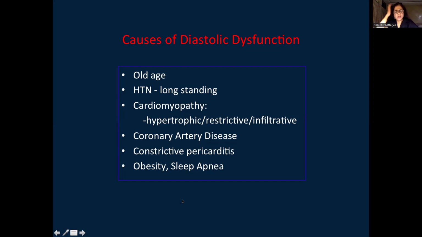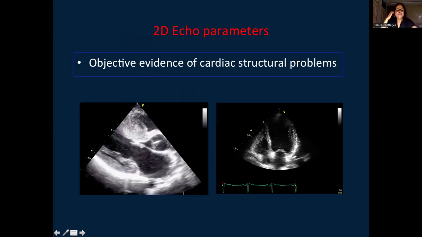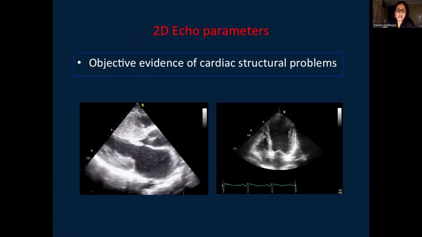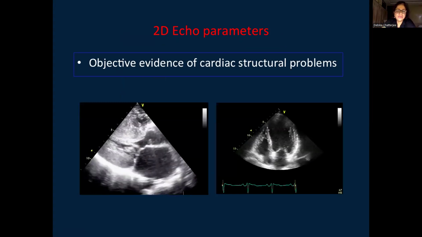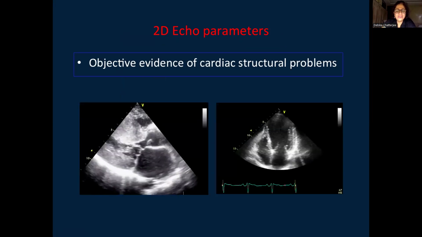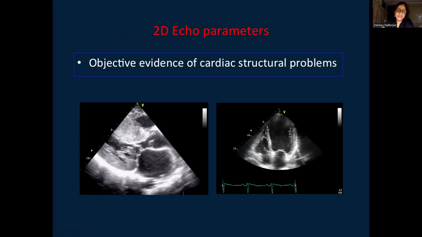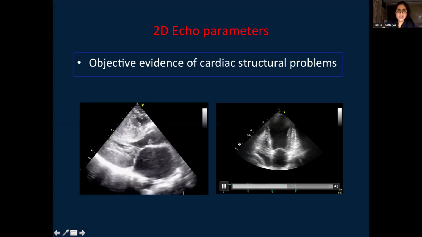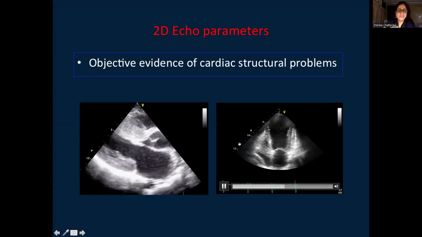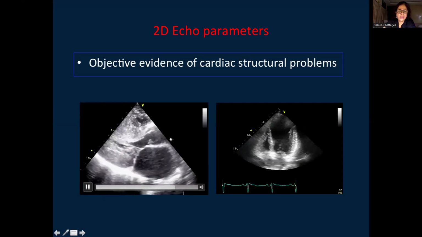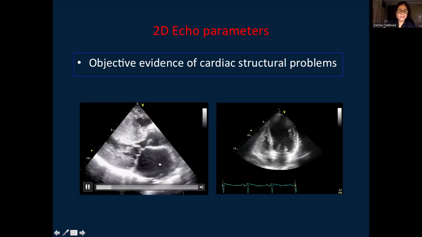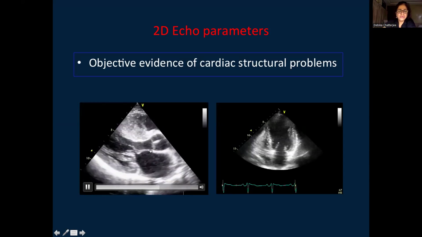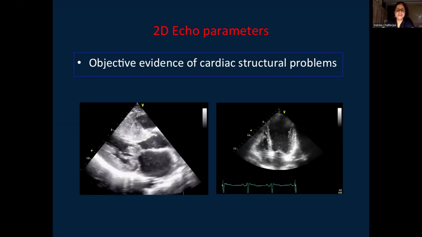Now, let us start with two-dimensional echo. Let us see how two-dimensional echo parameters help us in diagnosing diastolic dysfunction. Well, if we get this type of picture, there are certain objective evidences of cardiac structural problem which will give you a clue that this patient might have a diastolic dysfunction.